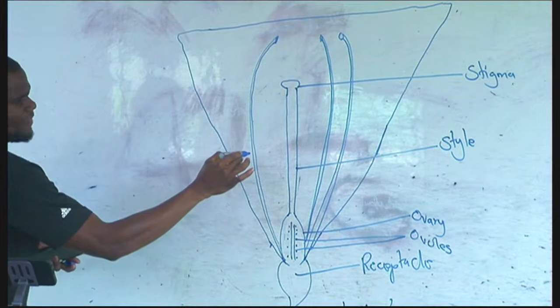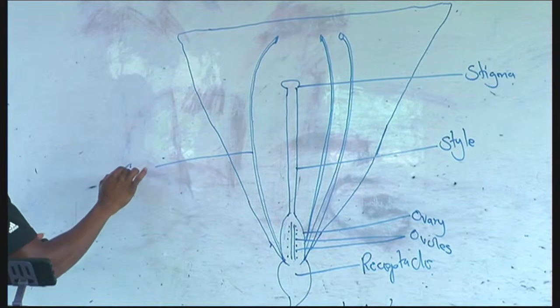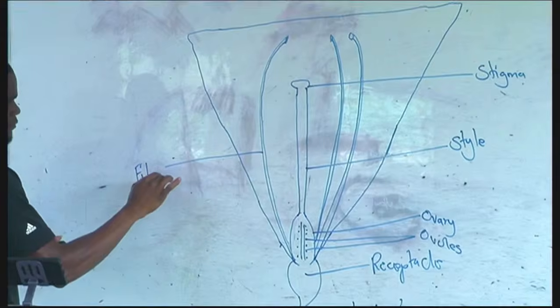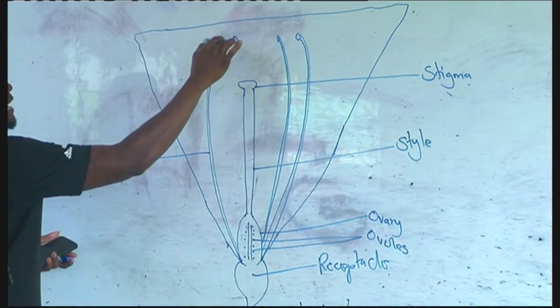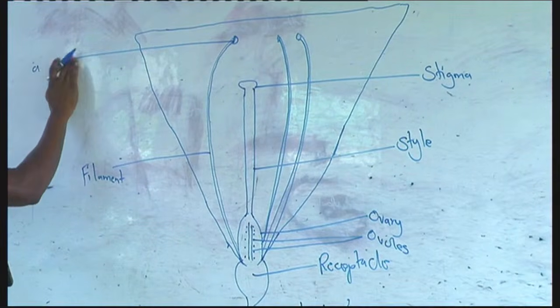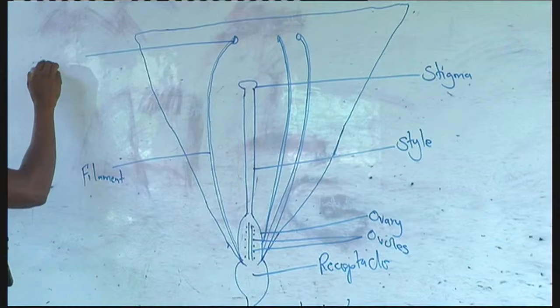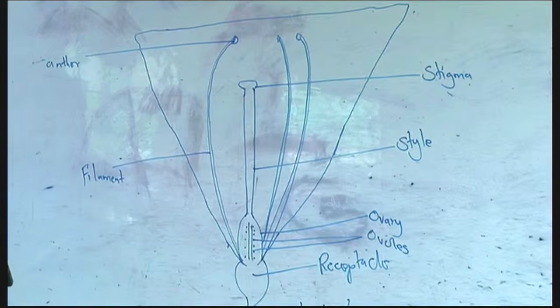And then on the other end, we have the filament. Above the filament, we have a structure known as the anther.